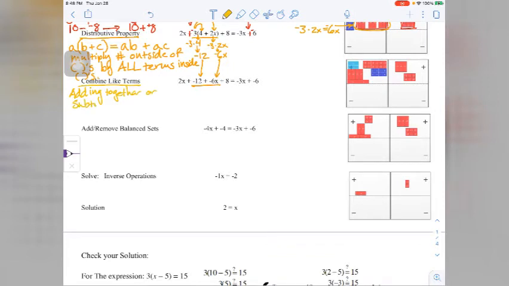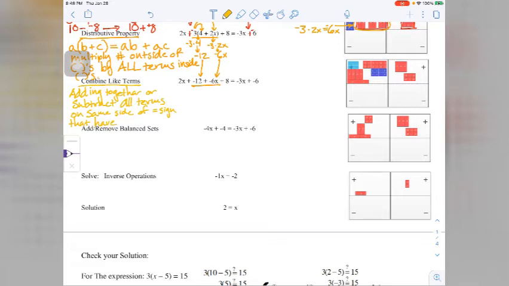You can also subtract all terms on the same side of the equal sign that have the same, what I like to call, the same last name.